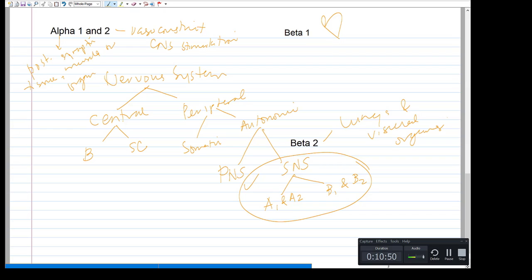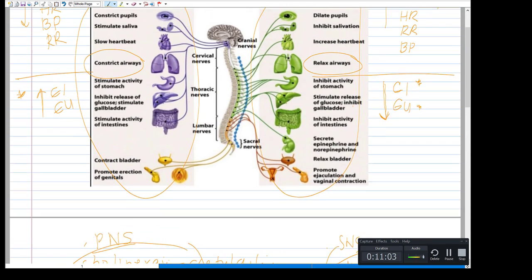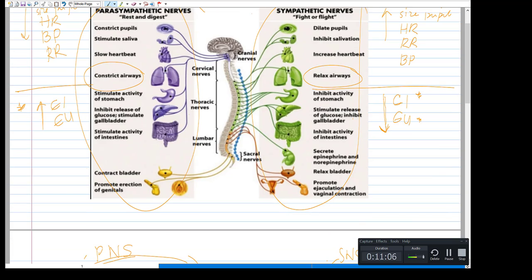Now for beta 2, these are the meds under beta 2 adrenergic agonists. The question is, what would be the effect in the lungs? The effect would be to relax the airways.